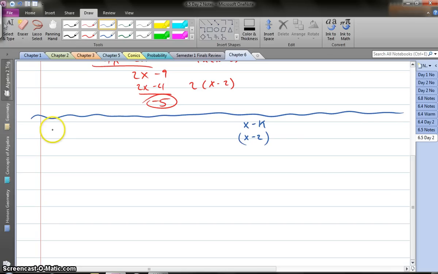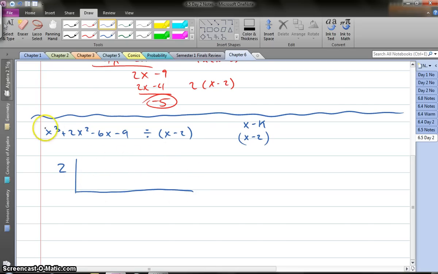All right, so let's rewrite this real quick. I have x to the third plus 2x squared minus 6x minus 9 divided by x minus 2. So I'm going to put a 2 on the outside, and I'm going to draw my upside down house. All right, so we're drawing it, and we're going to leave this space empty down here.